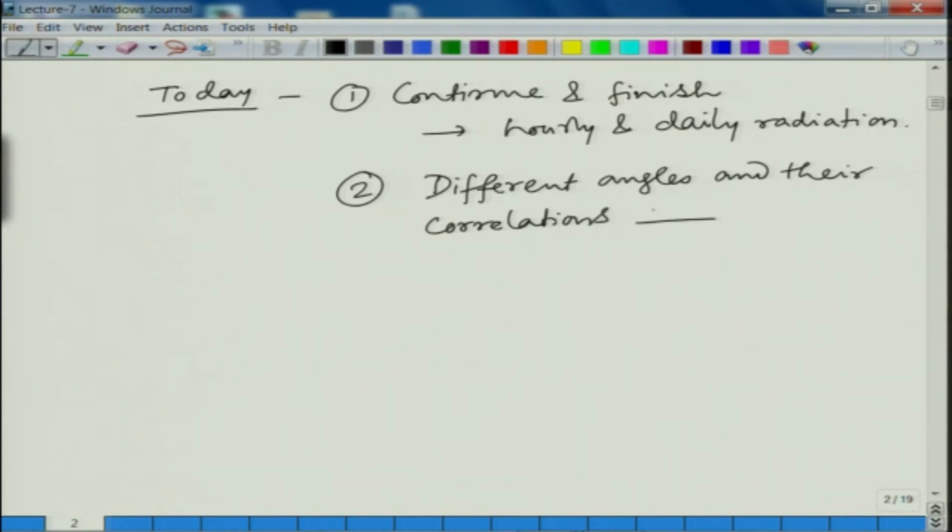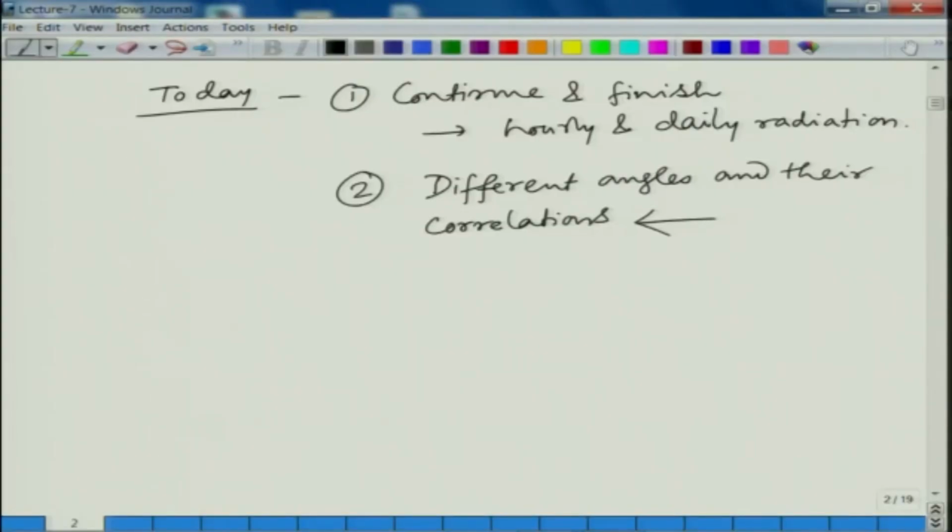This is a very important topic. So, I would expect that you pay the maximum attention to this one, because this will be required for all the rest of the components in this course, as well as when you actually go for any design. So, these are the two things that we are going to talk about.